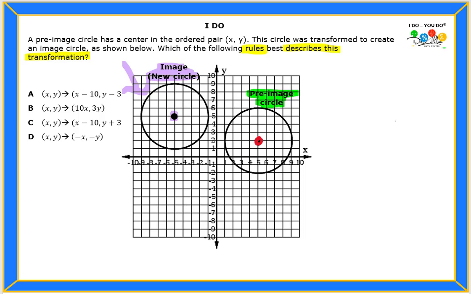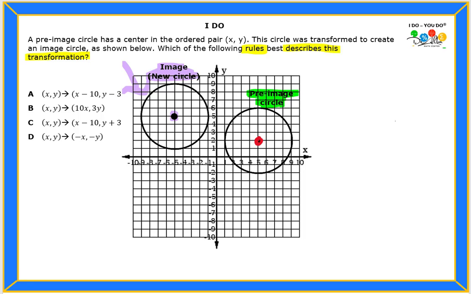We know it's not a dilation because both of the circles are congruent. They look exactly the same, so no dilation. It cannot be a reflection, because if it was reflected across the y, this point would be somewhere over here, and if it was reflected across the x, it wouldn't be here. So I know it's not a reflection.